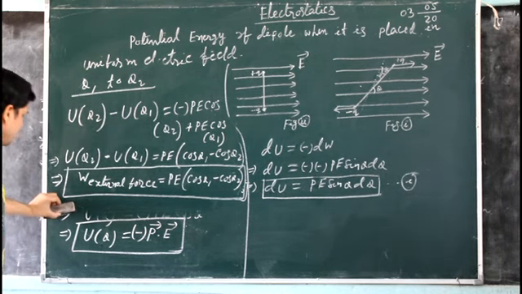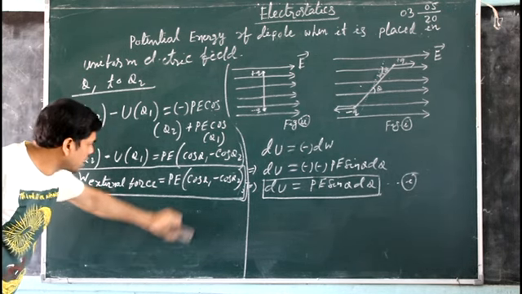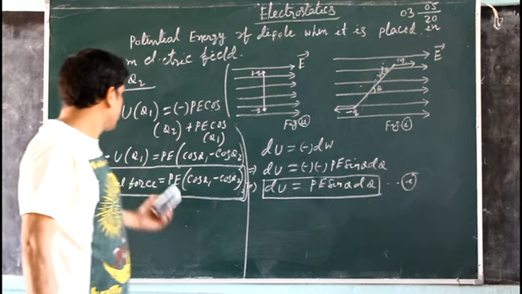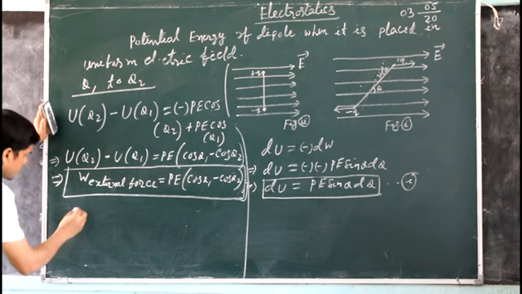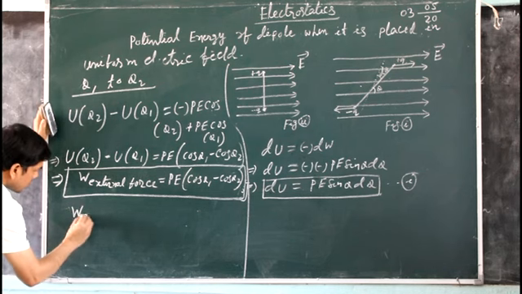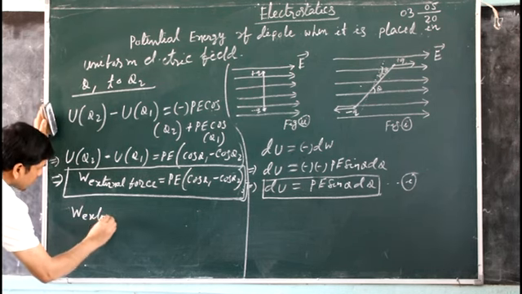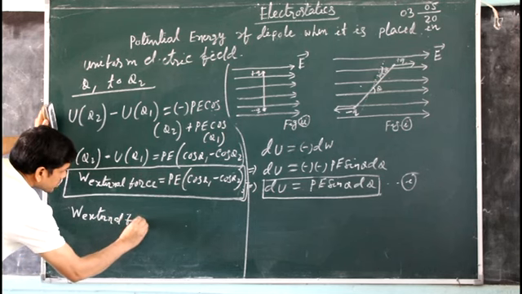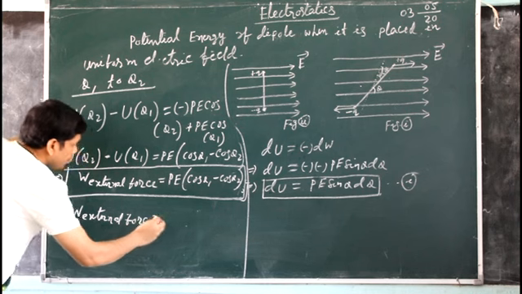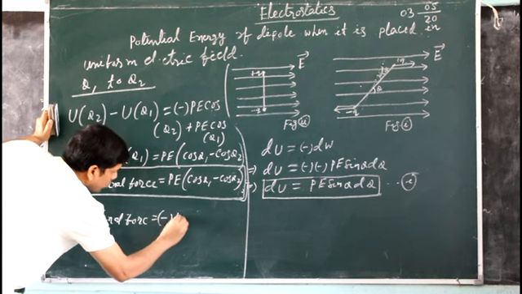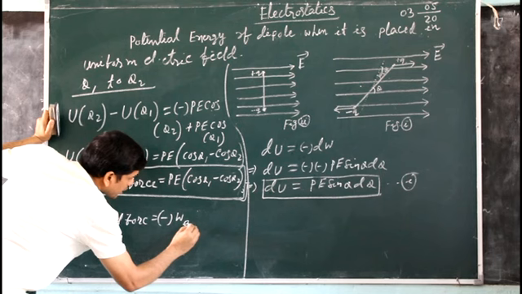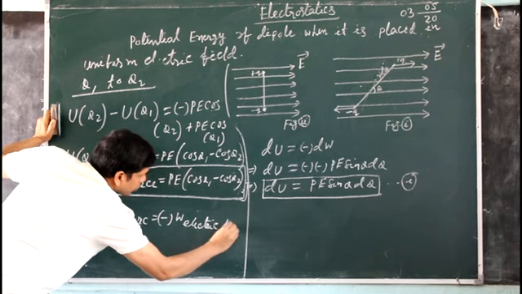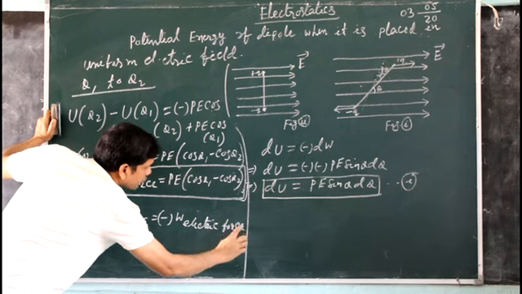Now we have to find the work done by the electric field. We already discussed this: the work done due to the external force equals minus of the work done due to the electric force, or the electric field.